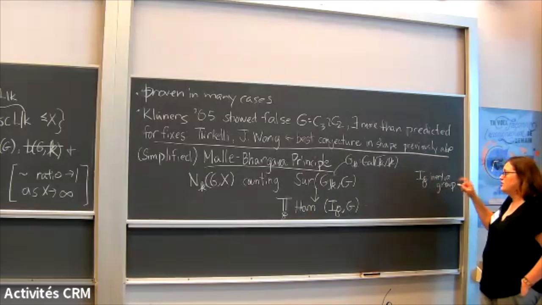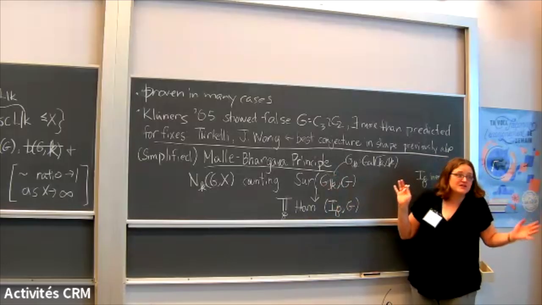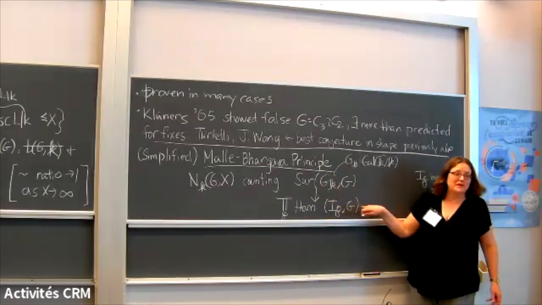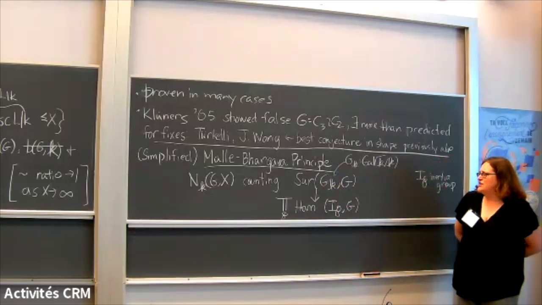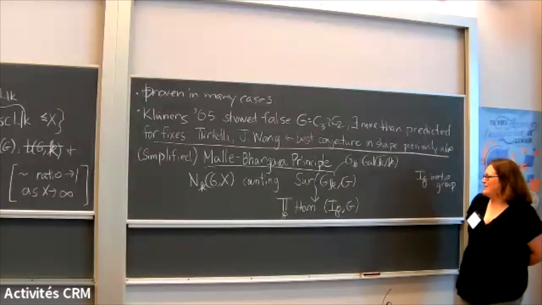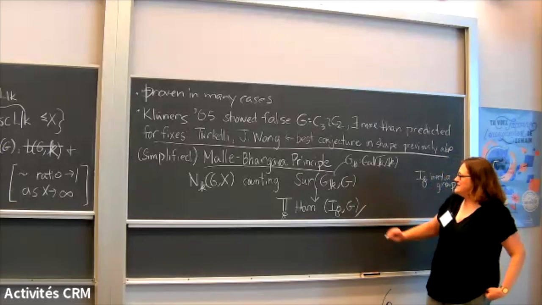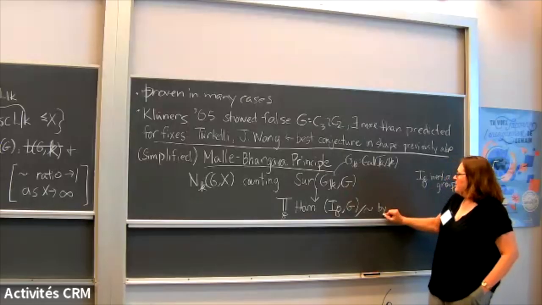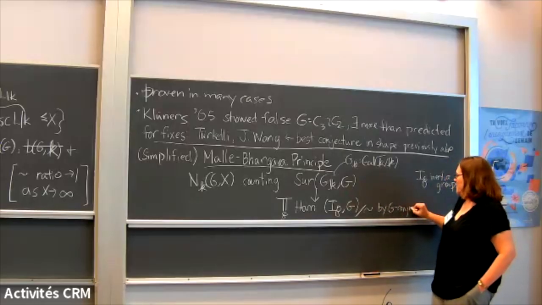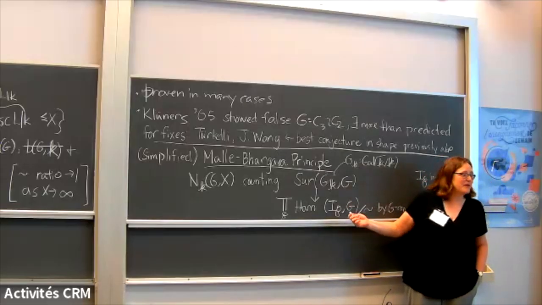You can make a choice of inertia group at P, and then you restrict the map to G just to that, and now it might not be a surjection, of course. If P isn't ramified, it will be a trivial map, so that's why I just said a homomorphism. And you may be disturbed that I picked an inertia group, so I will just take this image up to equivalence by G conjugacy, so that this now does not depend on a choice of an inertia group. If you picked a different one, it would be G conjugate.